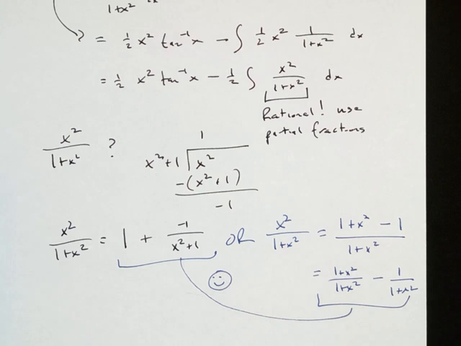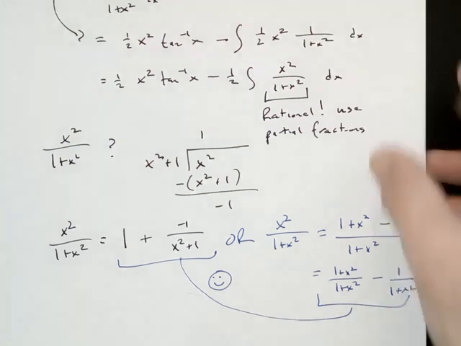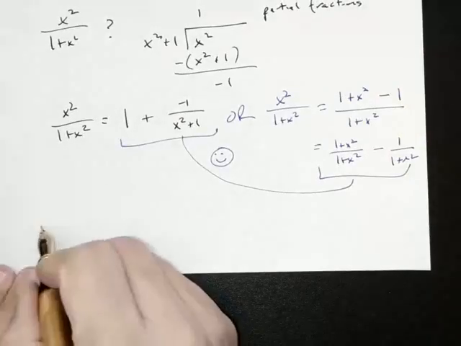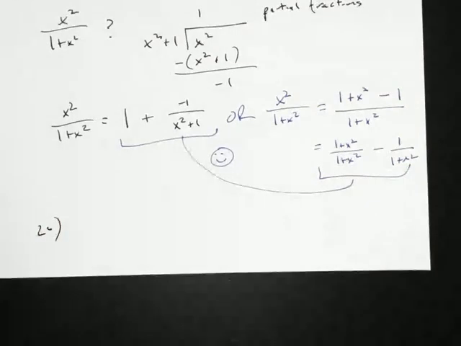Can you do 7.4 number 20? It was just the factoring. Okay, so can you read me the original problem?